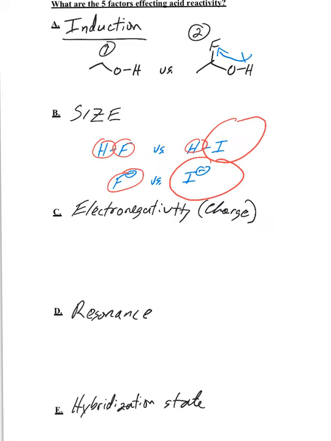Big old fat iodide, I minus. So for a reaction to take place, one of 2 things must be happening. You either have reactive starting materials and/or stable products. So in this case, what do we have? We have a reactive starting material, but then if we draw the conjugate base, we have a really stable conjugate base as well.